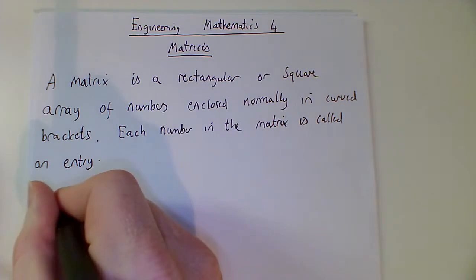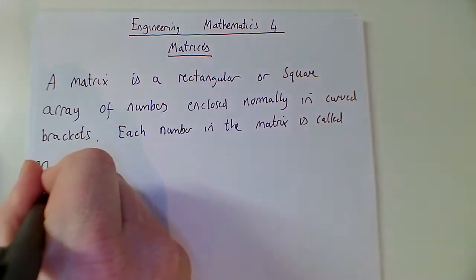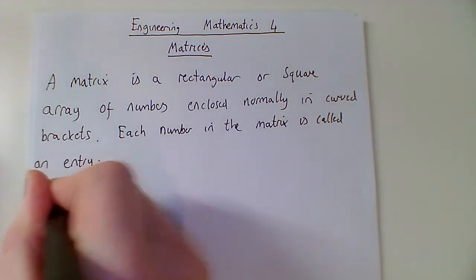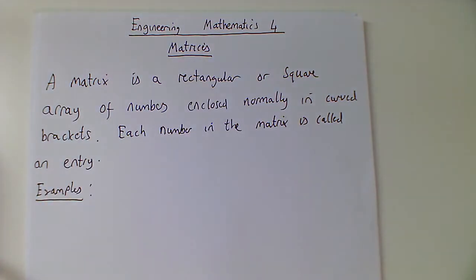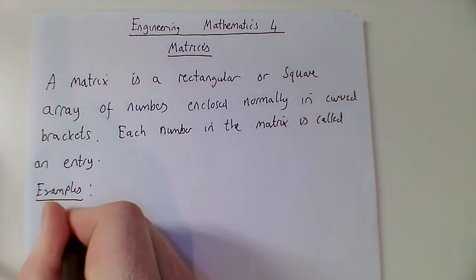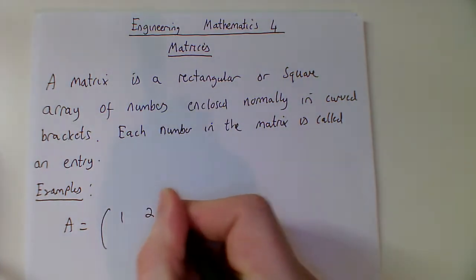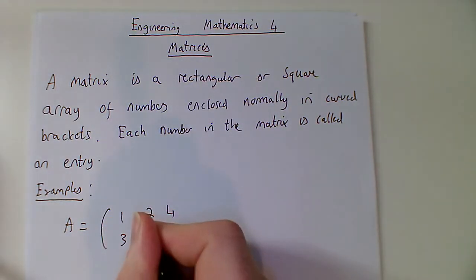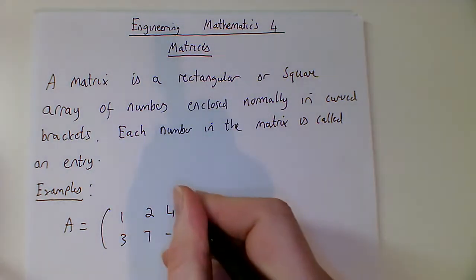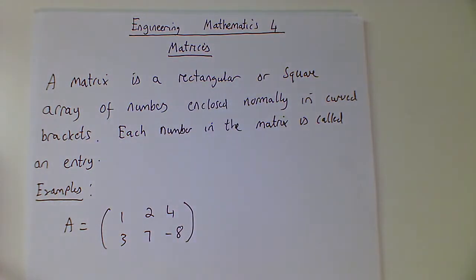So, examples. A matrix is always denoted by a capital letter. Okay, so this matrix here has 2 rows and 3 columns.